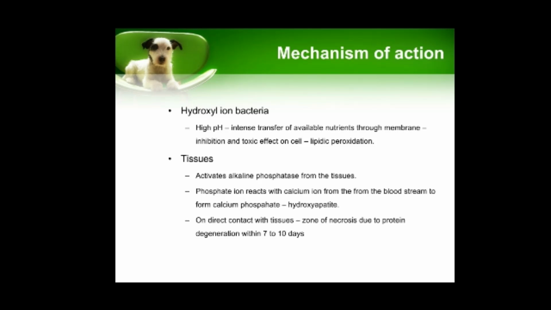Thus, phosphate ions get released from the tissues. When these phosphate ions react with the calcium ions from the bloodstream, they form calcium phosphate. This in turn forms hydroxyapatite crystals. But calcium hydroxide on direct contact with the tissues will have a zone of necrosis in the adjacent tissues due to degeneration of the protein, which can occur within 7 to 10 days.